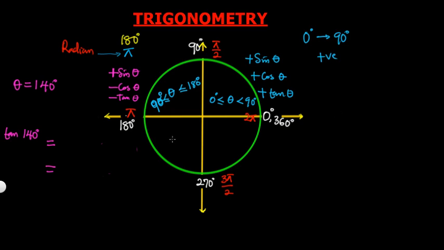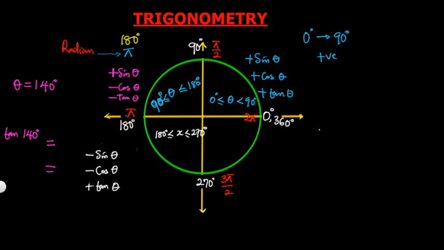So we represent that the third quadrant is between 180 degrees and 270 degrees. In the third quadrant, the sine takes negative, the cosine takes negative, but the tan takes positive.